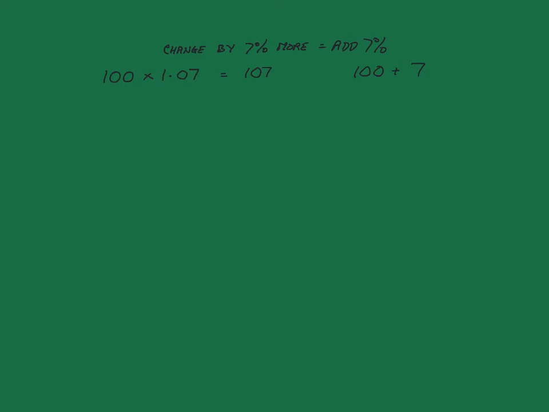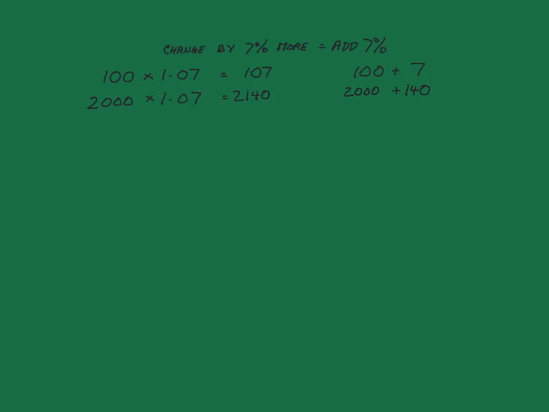If we wanted, say, 2,000 increased by 7%, we get 2,140. We've taken 2,000 and we've added 140, which is 7% of 2,000. How do we know that?